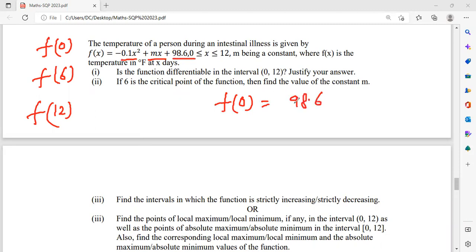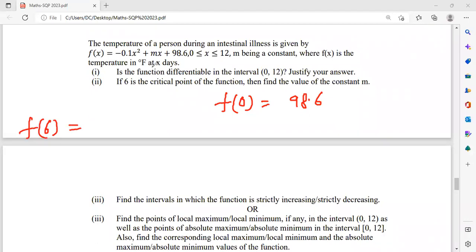Now we want to find f of 6 also, all these three values. F of 6 is minus 0.1 into 6 squared plus 1.2 into 6 plus 98.6.